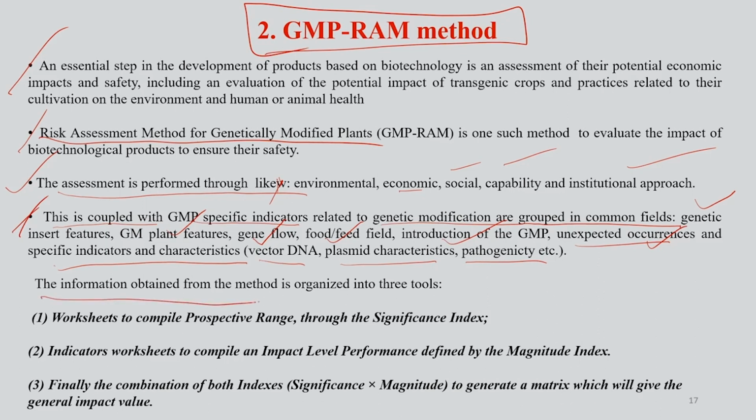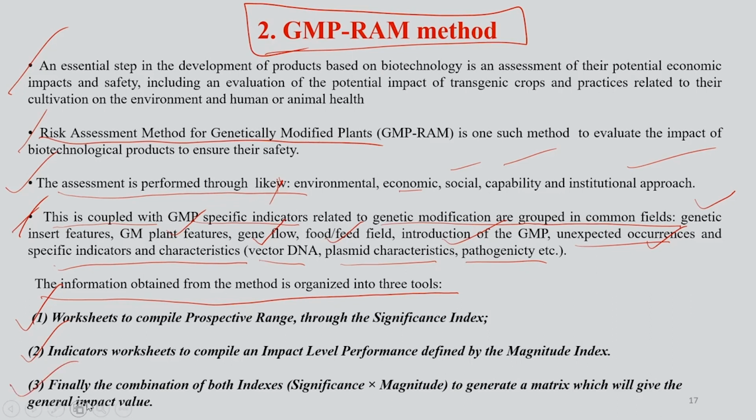The information which is obtained from this method is organized into 3 tools. One, a worksheet to compile the prospective range through the significance indexes. Second, indicator worksheets to compile an impact level performance defined by the magnitude index, how much it actually impacts.